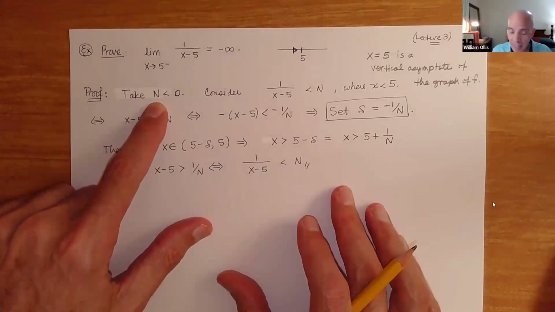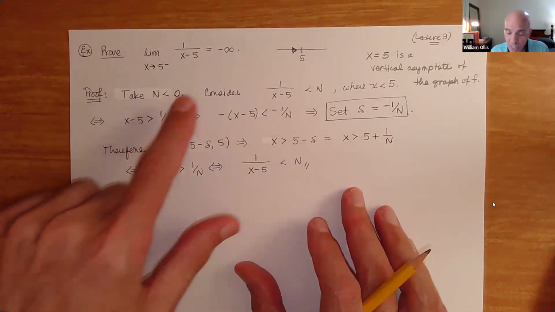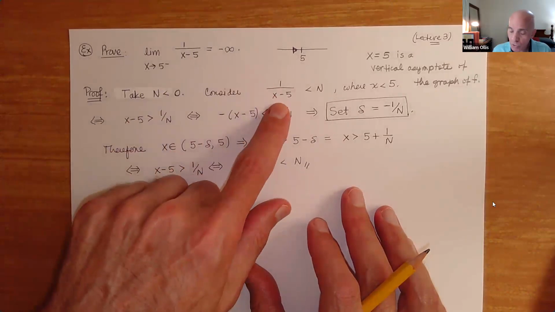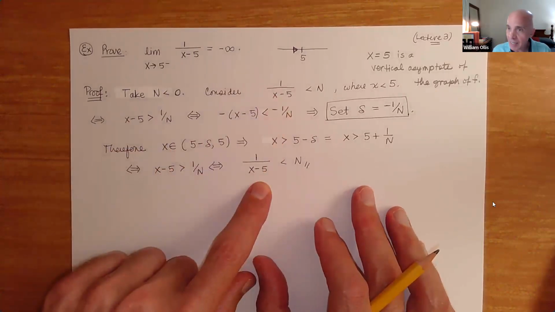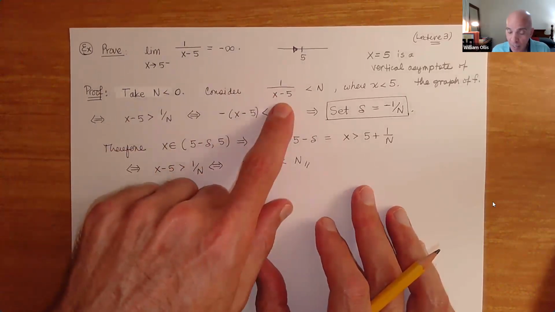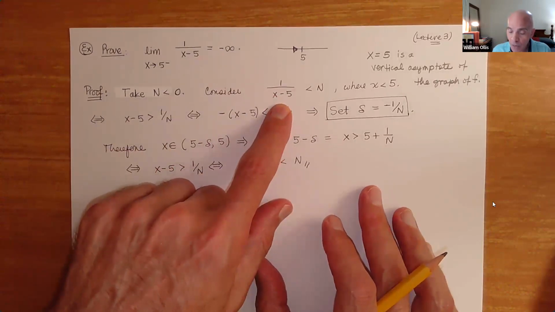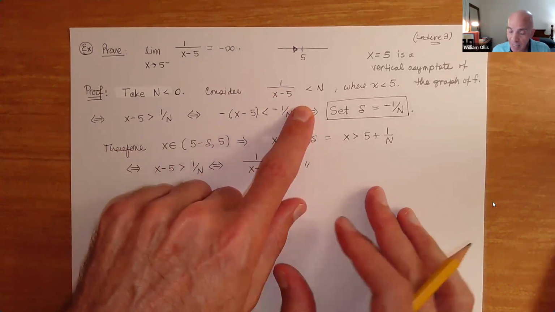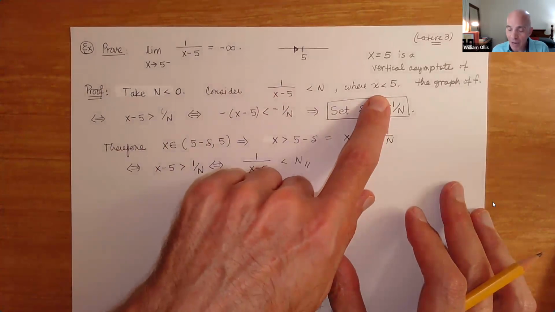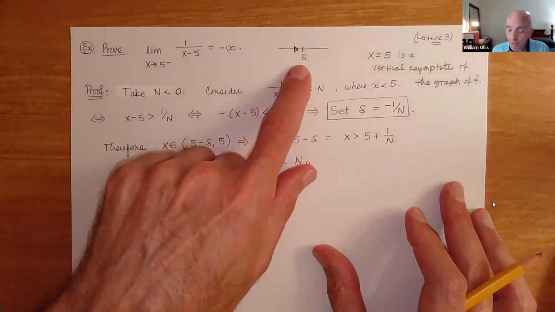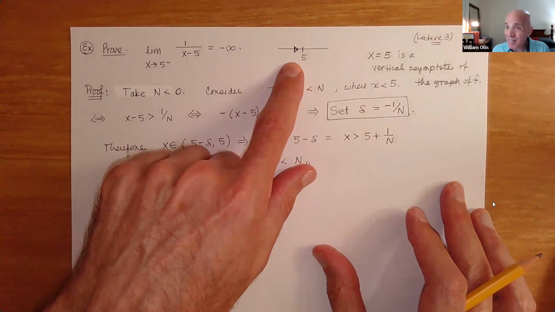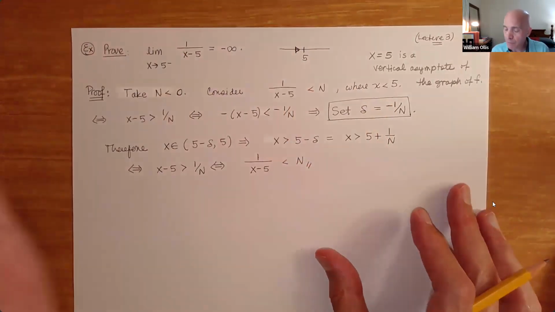We'll take an n less than 0. And so we just simply look at what the result should be, because that's what we need to get down here. So we just say, okay, well, we consider the function being actually less than n, where x is less than 5, since we're approaching 5 through values less than 5, okay, from the left.